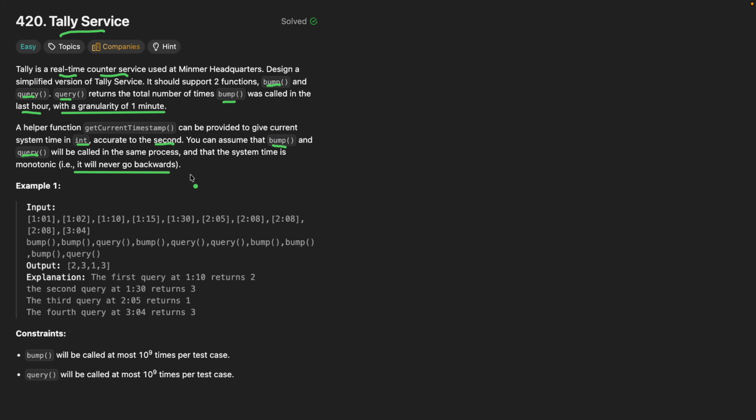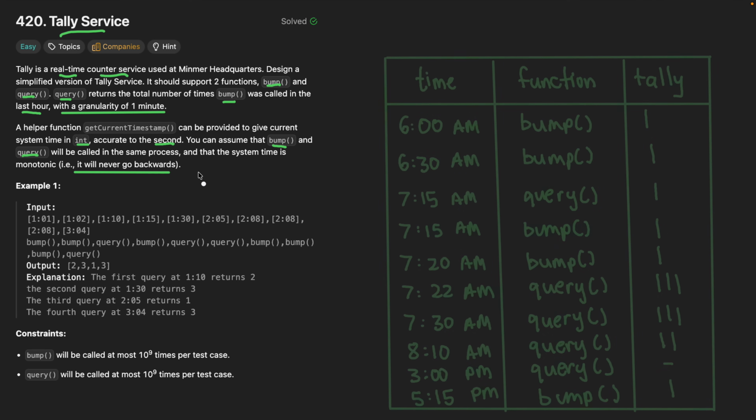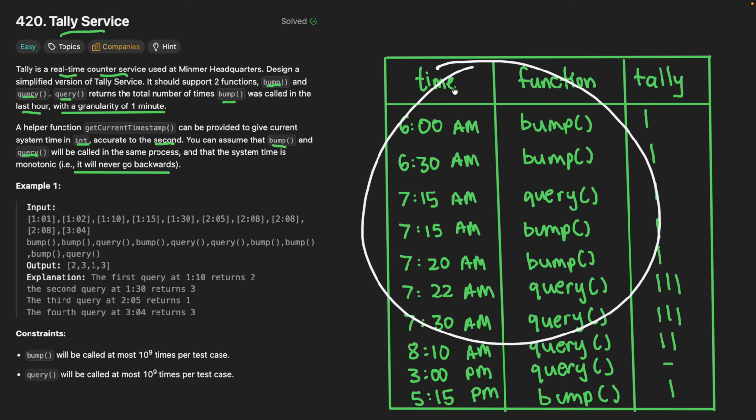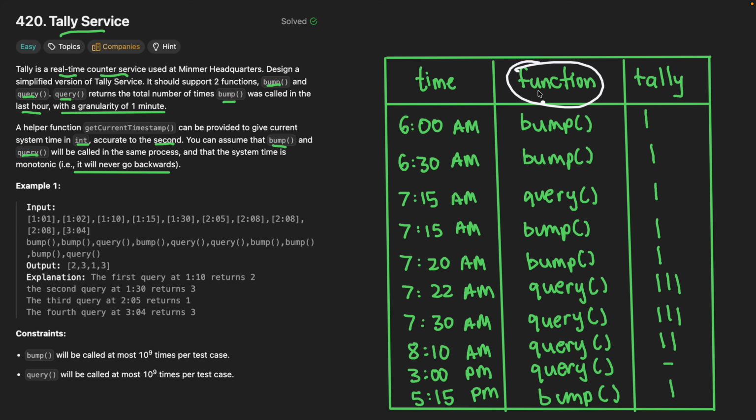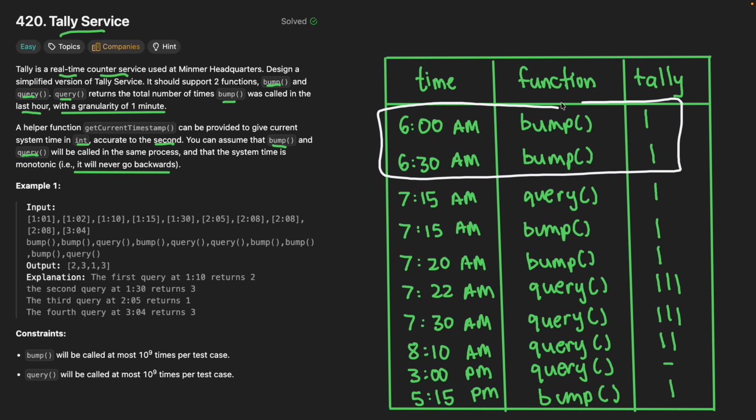I'm sure that made sense, but let's make sure we fully understand the problem at hand. Given this example, we're given a sequence of function invocations, either of which is a call to bump, in which we tally, like you did in school, or a call to query, in which we retrieve the total number of bumps or tallies within the last hour.